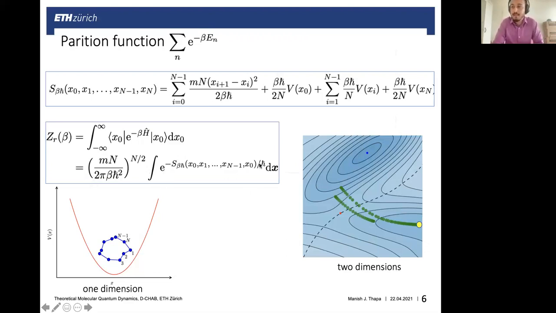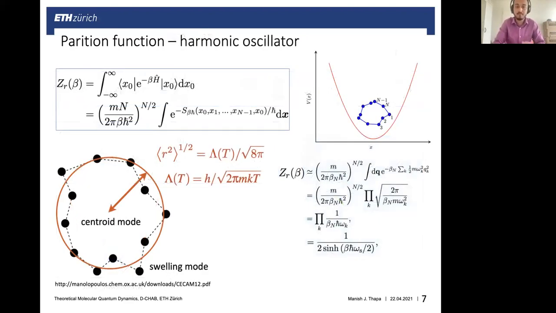I guess it is easier to illustrate how to compute the partition function using path integrals with a harmonic system. Let's do a simple illustration with a harmonic potential. For a harmonic system, the Hamiltonian is at most quadratic in the position of these ring polymer beads.